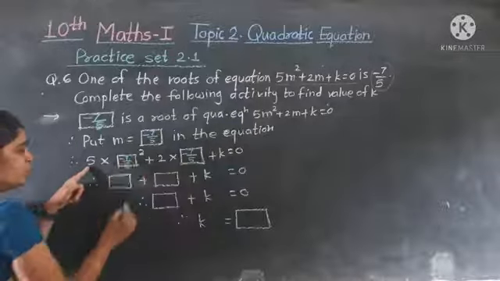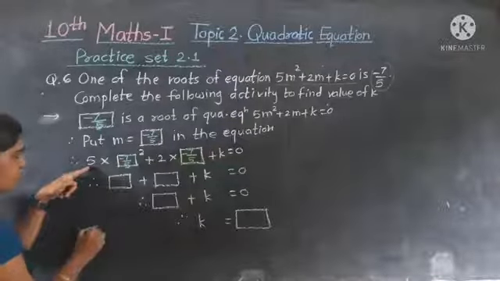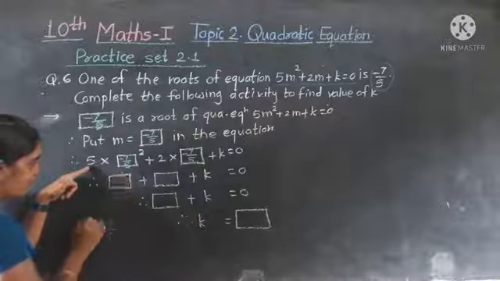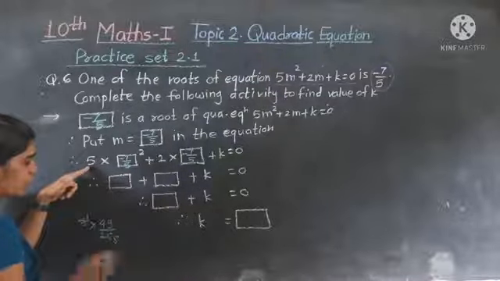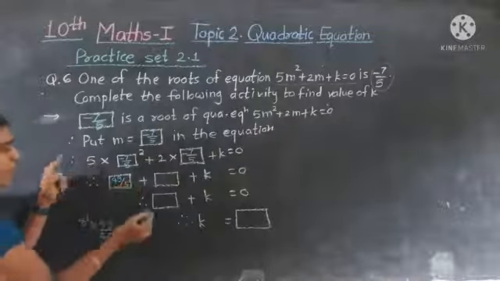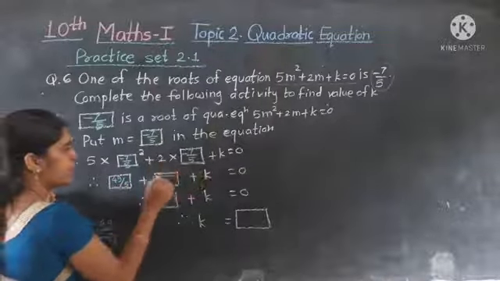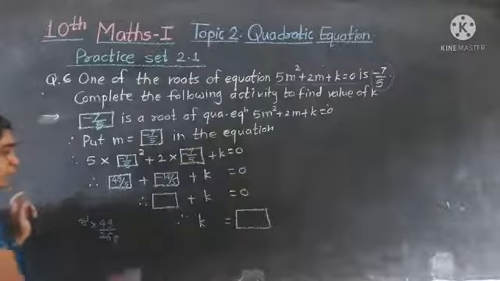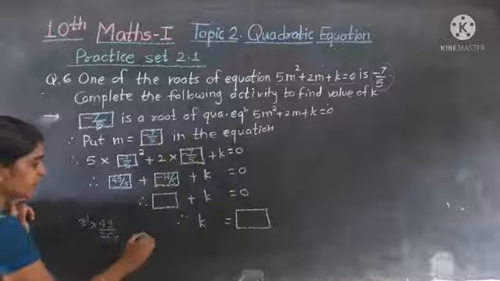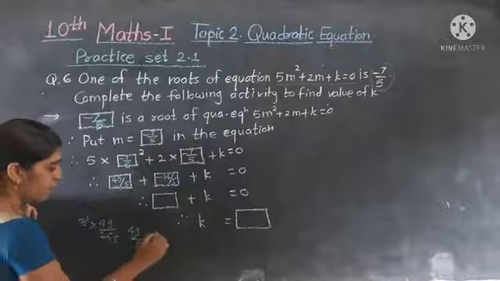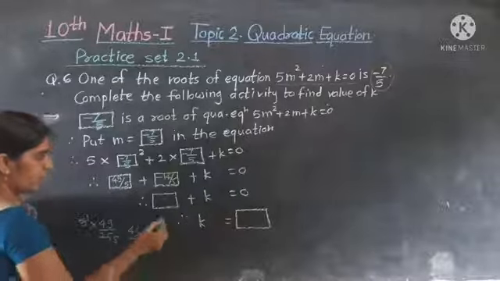5 into 7 7s are 49 upon 5 5s are 25. 5 1s are 5, 5 5s are 25. Means the answer is 49 upon 5. And here plus minus 7 2s are 14 upon 5. Here you simplify this. 49 upon 5 minus 14 upon 5.